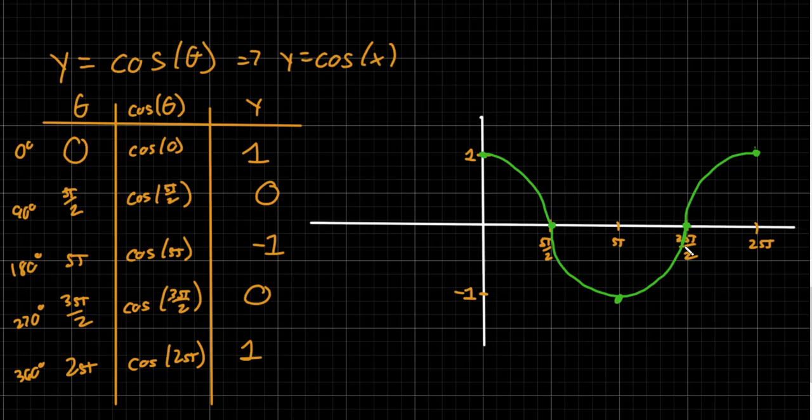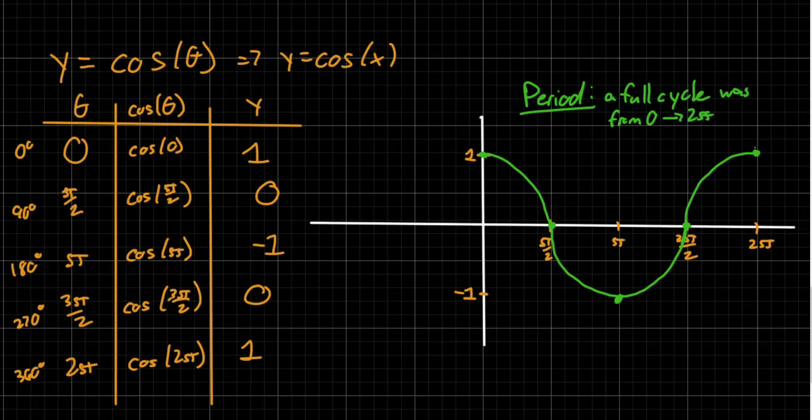That is one cycle of cosine because we went all the way from 0 all the way to 2 pi. So this is also the period. A full cycle was from 0 to 2 pi.